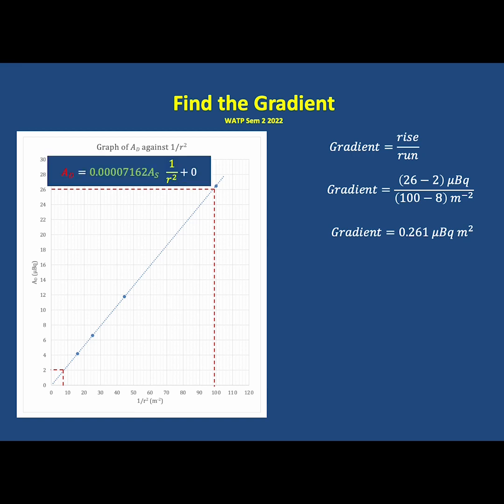Having found the gradient, we go back to our given equation and we see that the part of the equation that was the gradient is 0.0007162 a subscript s. On the screen, you can see that as the green part of the equation. So now we know that the equation becomes 0.0007162 a subscript s equals 0.261 microbecquerels meters squared.